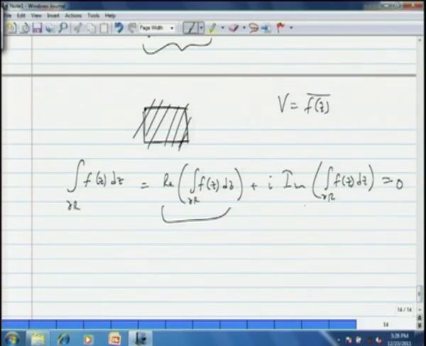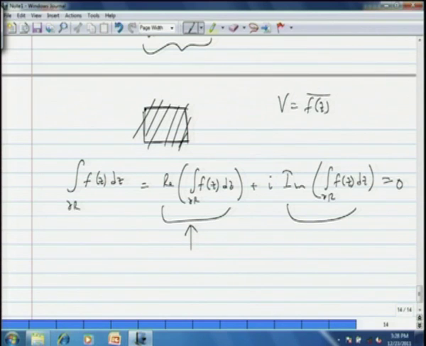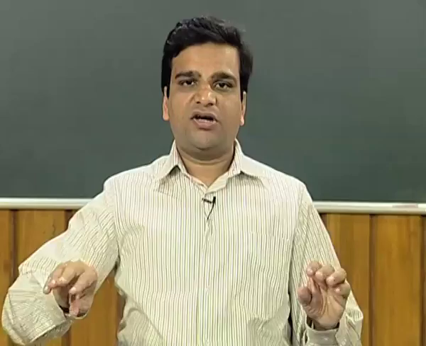So, since the real part and the imaginary part are both 0, what this is telling you is that the fluid displaced along the closed curve, that is important, along the closed curve is 0. Okay. So, there is no fluid which actually keeps flowing around a contour. So, there is no stagnation in that sense.